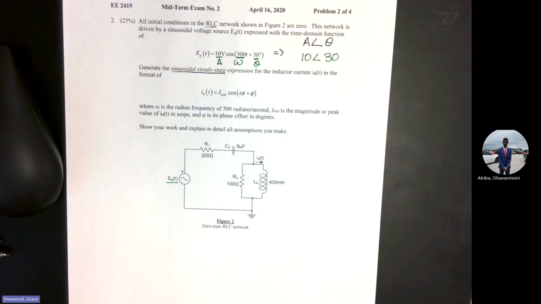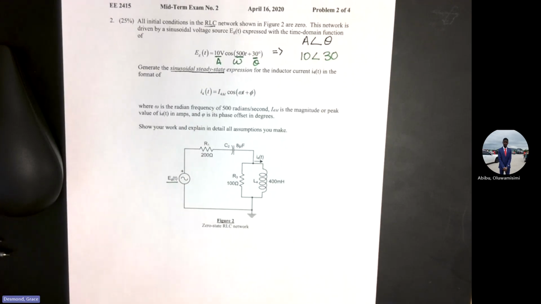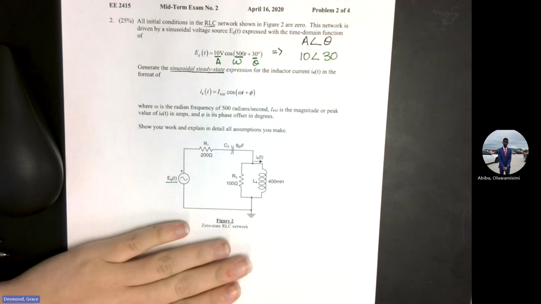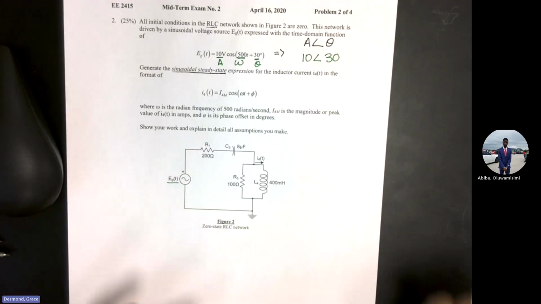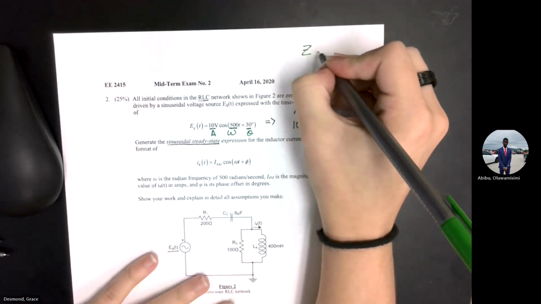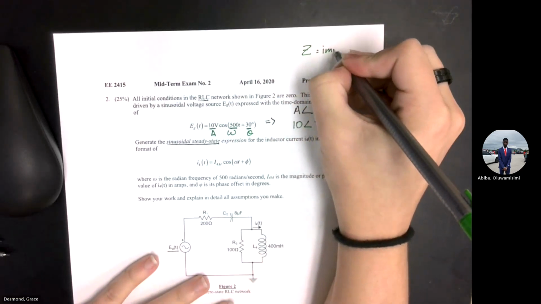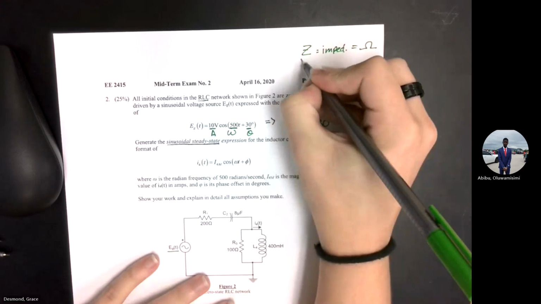So ohms are 9 times out of 10 easier to work with. The only times that you would ever put everything into admittances is if you're doing nodal analysis. So if you see a network like this and it's set up for nodal, you're going to put everything into Y, because Z is impedances, which is equal to ohms.